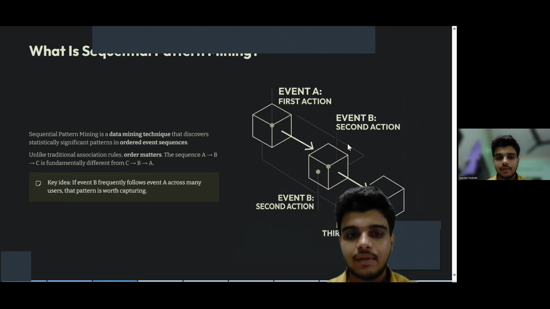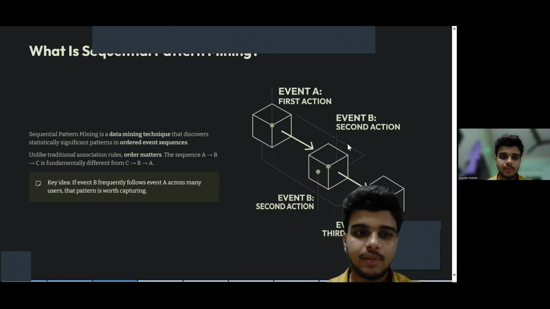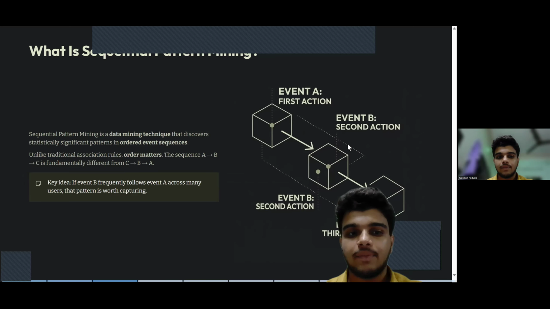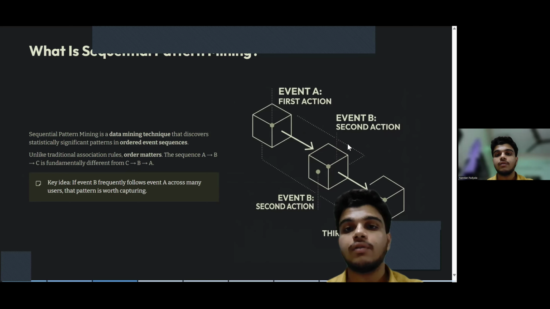So in this technique, we are not just finding frequent items, but we are finding frequent ordered patterns. This makes it very useful in analyzing time-based data, user behavior, and event sequences. So this is the definition of sequential pattern mining and the key idea of what it means.